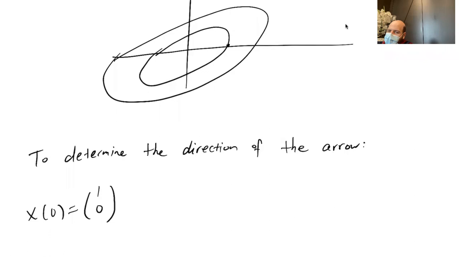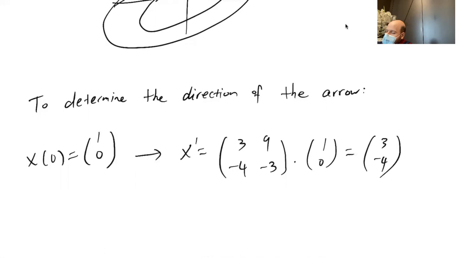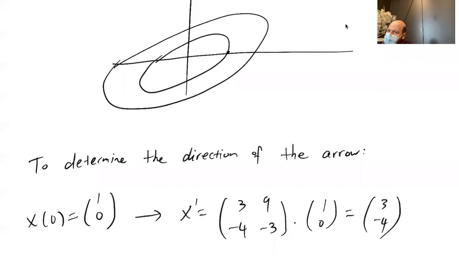What would be the direction of the movement at that moment? If we start with x of 0 equals (1, 0), we know how to find the velocity: x prime is always equal to Ax. So x prime here will be [3, 9; -4, -3] times (1, 0). This will be (3, -4). So (3, -4) is a vector basically towards this direction.